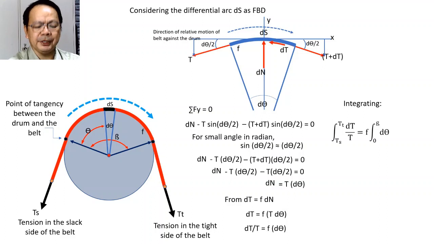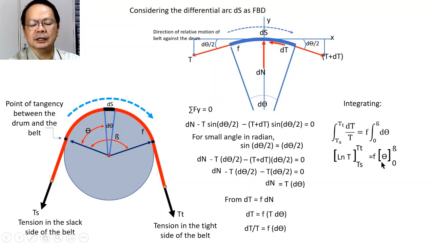And if this is integrated, we will have the ln of T evaluated from T sub s to T sub t equal to f multiplied by theta evaluated from 0 to beta. If the limits of integration are substituted in the equation, this becomes ln of T sub t minus ln of T sub s equal to f multiplied by beta.